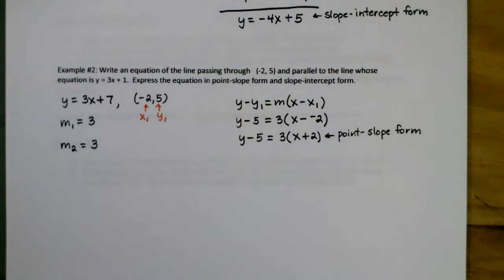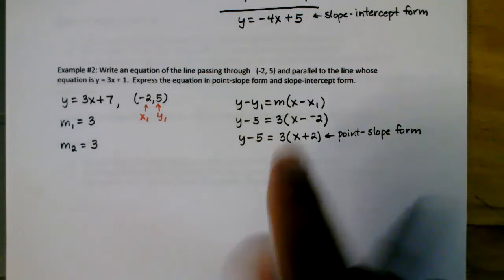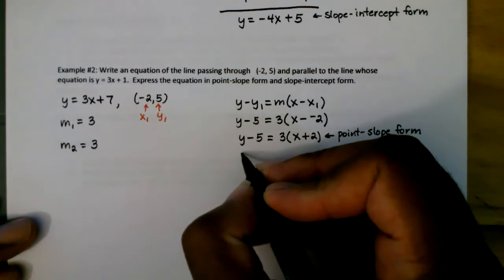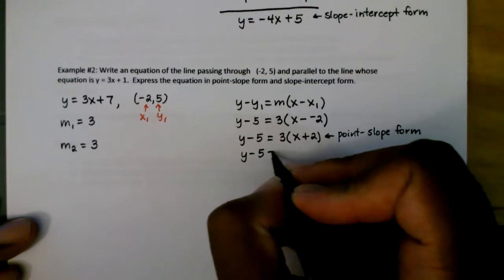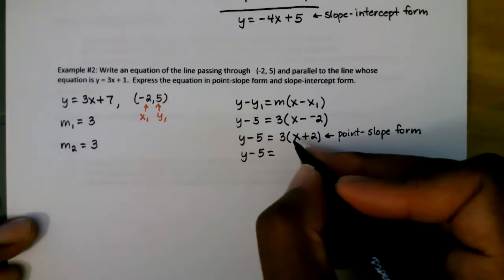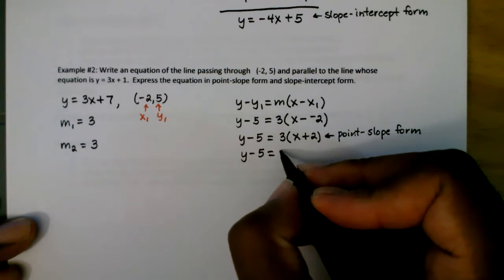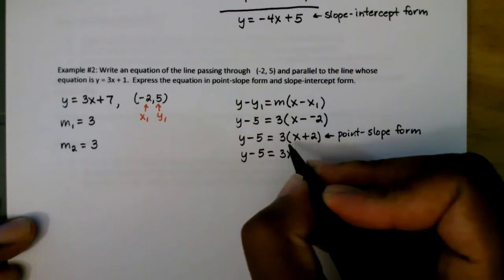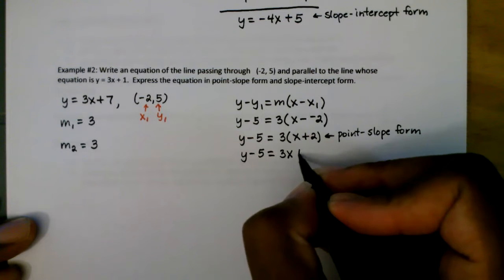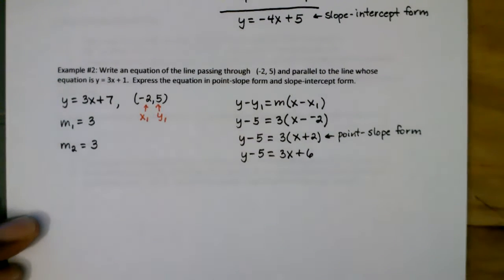All right, now the next step is to write it in slope-intercept form. So I'll just go ahead and finish this out. Bring down the y minus 5. That's equal to 3 times the quantity x plus 2. This will be 3 times x, which will be 3x, then 3 times the plus 2 will be plus 6.